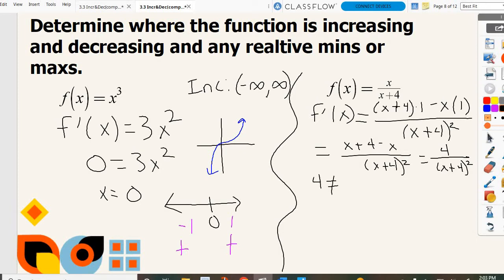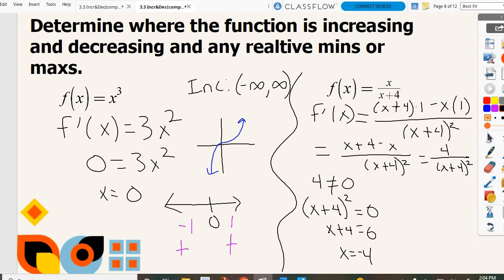No. So 4 cannot equal 0. So I'm not going to have any spots where the whole fraction equals 0. However, could we have spots where it's undefined? Absolutely. So notice that if I set our denominator equal to 0, we end up with x equals negative 4.